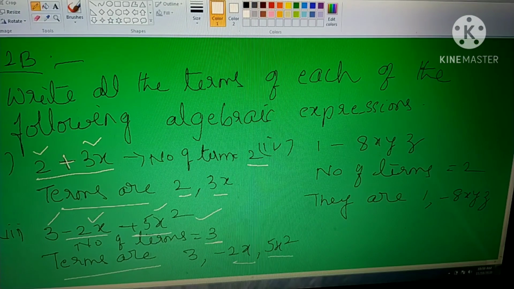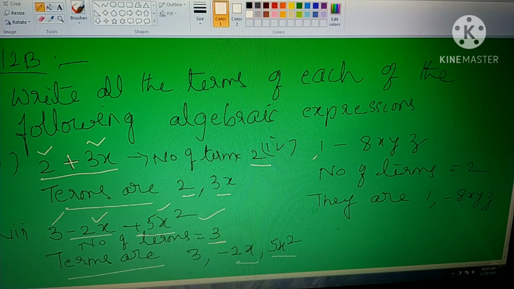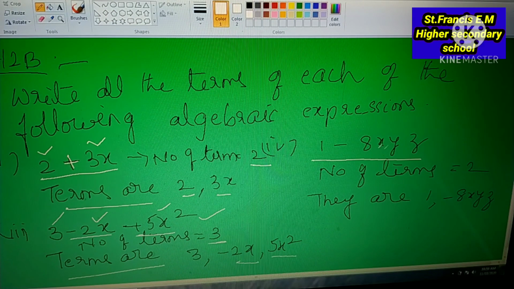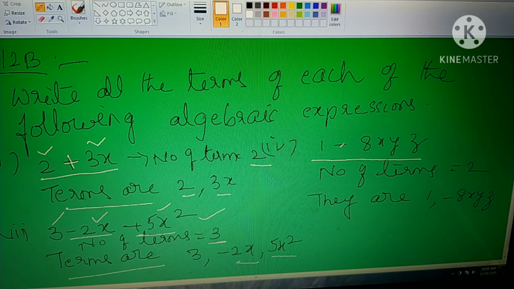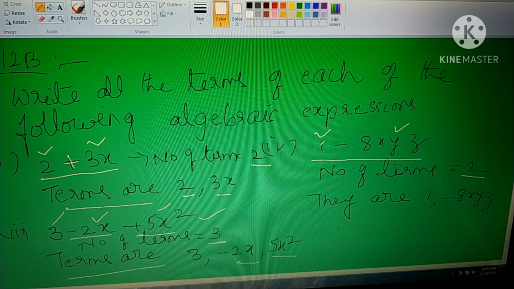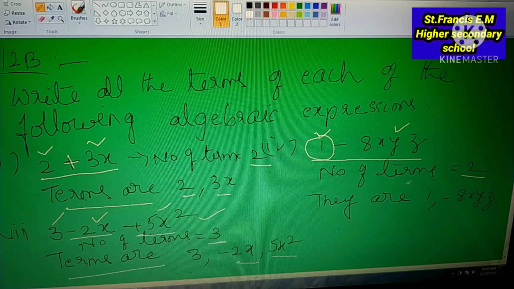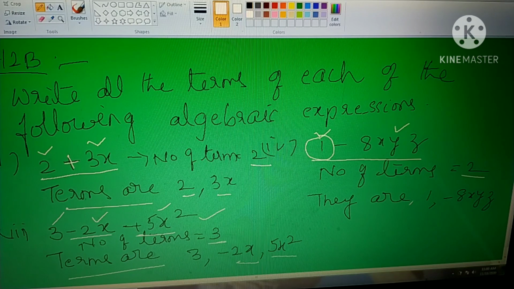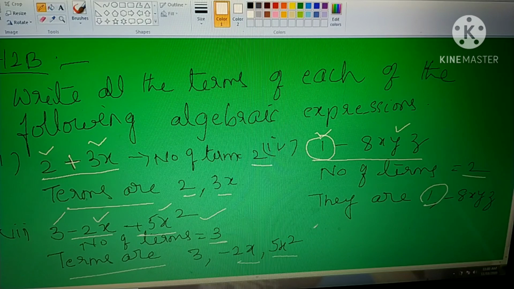Okay. Now see the next example here. 1 minus 8xyz. This is an expression with the mathematical symbol minus. How many terms here? 1, 2. 2 terms. What are they? The first term is only a number, so 1. We can also call it a constant. What is the constant here?